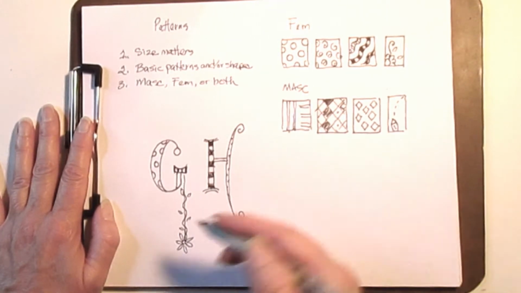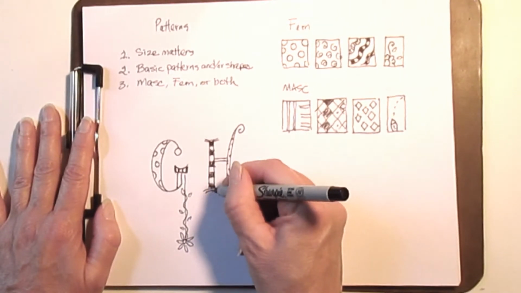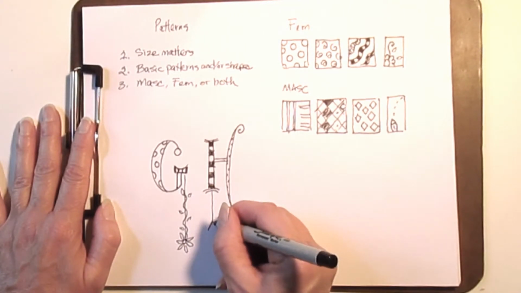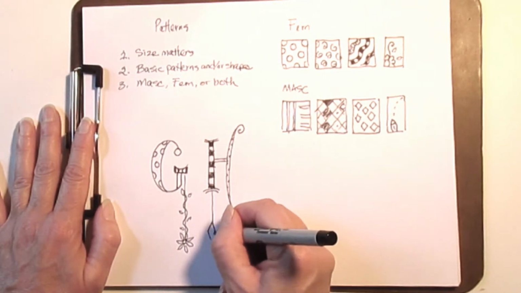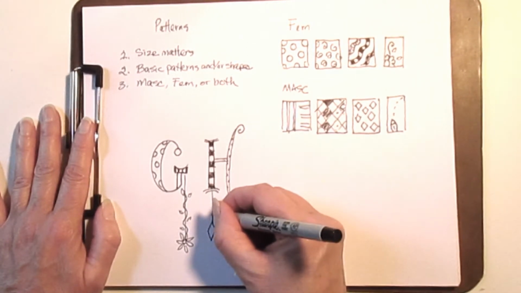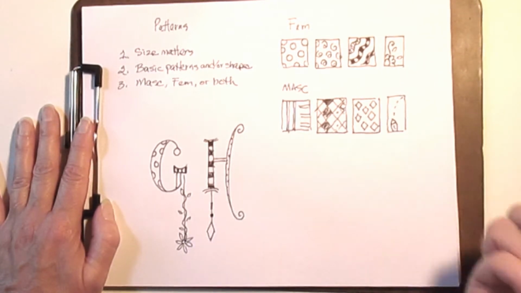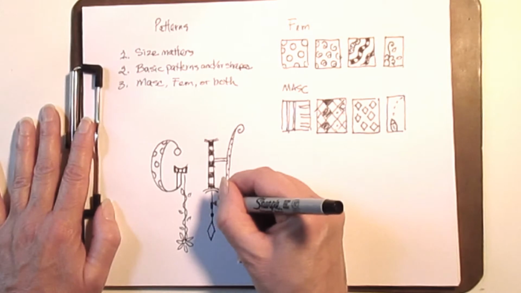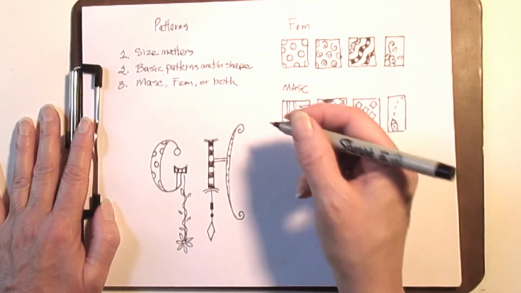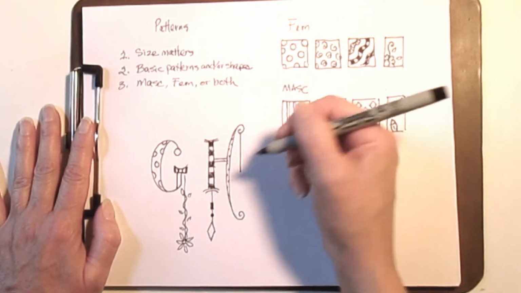And since I started the dangle here, I'll go ahead and do a couple here. Make a diamond. There's a diamond. Yay, diamonds. Maybe a couple little shapes in here. And here we'll come down.